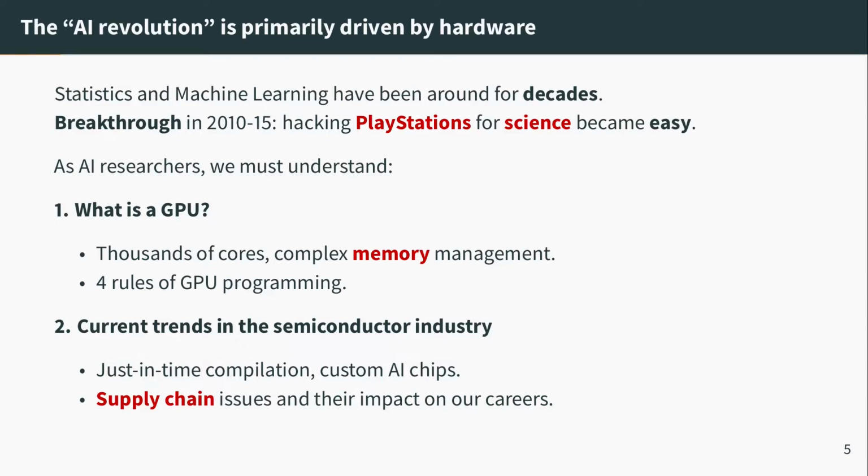So I'm going to talk about just-in-time compilation and custom AI chips, and finally conclude by looking at the supply chain issues that have become very real over the last 3 years and their impact on our careers. Just to let you know that probably the next decade is not going to be anywhere as easy as the previous one.